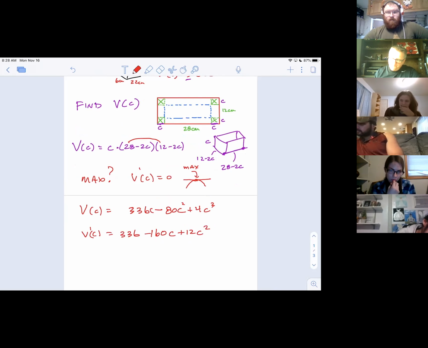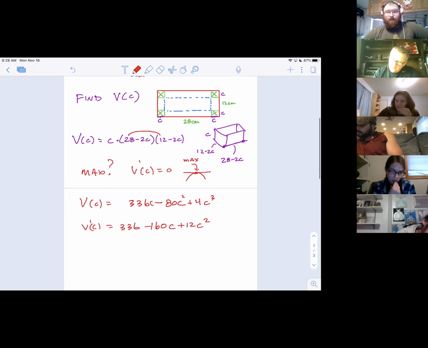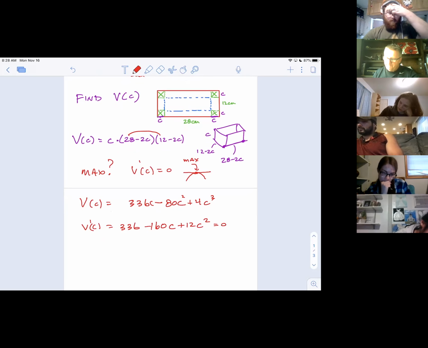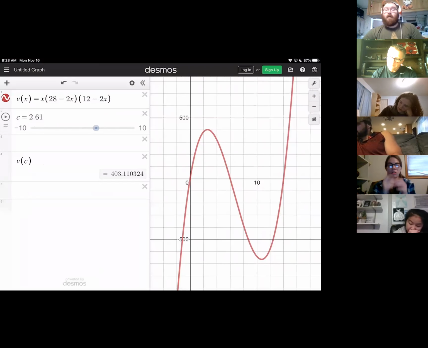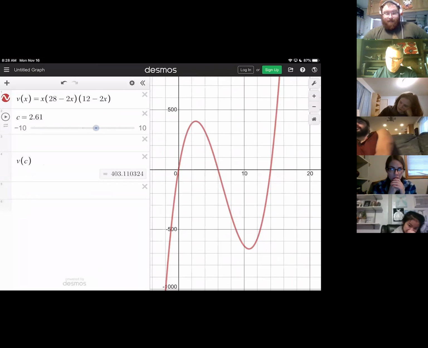That's interesting. If I set this equal to 0, doesn't a squared equation have 2 answers? Why is there 2 answers? It's because it's still squared, so technically the derivative graph would be a parabola.